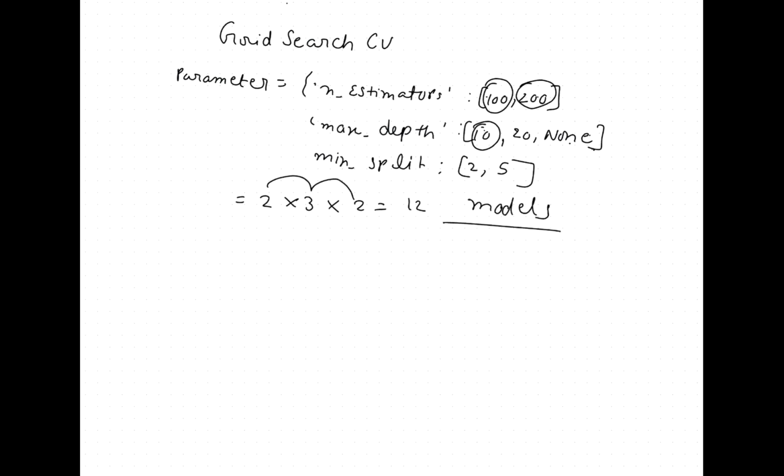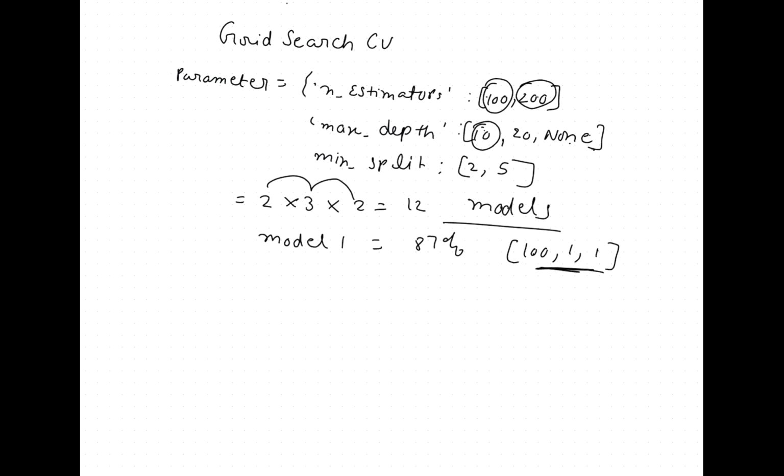And in the 12 different models, you might get, say, model 1 giving you an accuracy of 87%. And it used the parameters, let's say 100, 1, or 1, 2, 3, something like that. And this is going to be your best parameter.